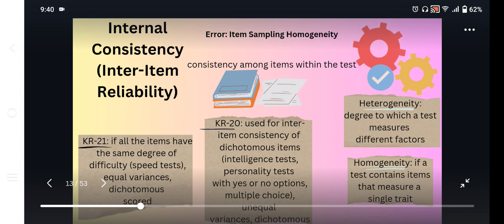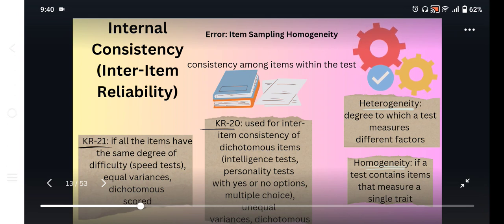If the items get progressively more difficult, then use the odd-even system, okay? The odd-even system assigns odd-numbered items to one half of the test and even-numbered items to the other half. It yields odd-even reliability, a kind of split-half estimate.